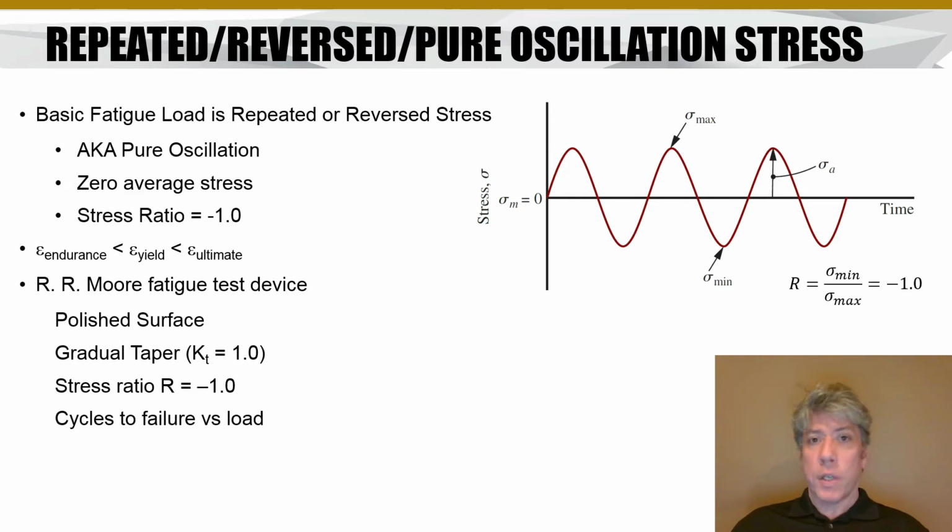The stress ratio, as I mentioned, for this test is -1 because it's a fully reversed bending stress. And basically all you do is you turn on the machine and it rotates the shaft, and you just measure the amount of cycles, the amount of turns until failure.